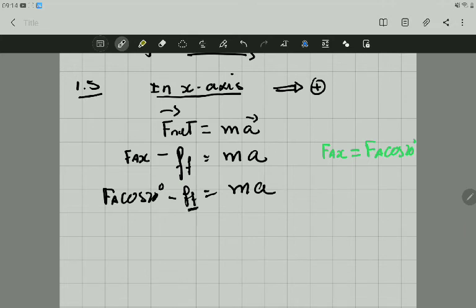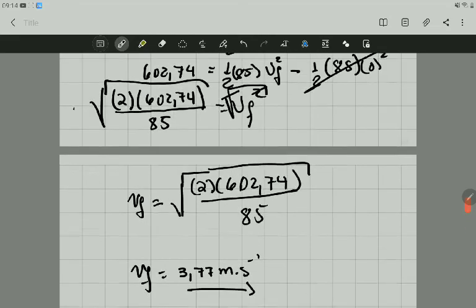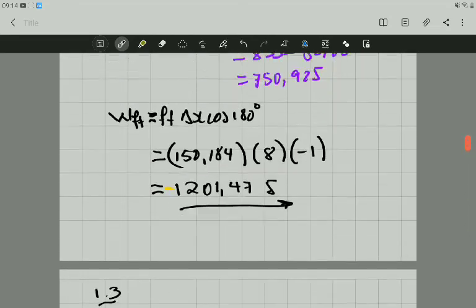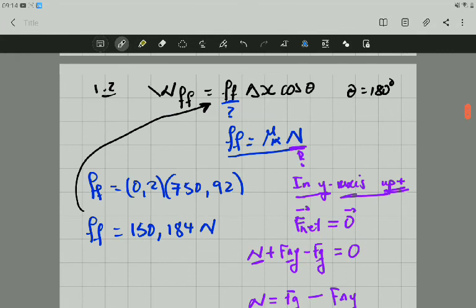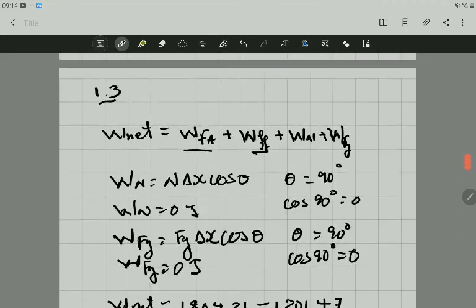Okay, so let's substitute. The applied force is 240 multiplied by the cosine of 20 degrees, minus the frictional force, which was calculated. Let's just see it, so you can notice here in 1.2 where we calculated the frictional force. You can see it right here: 150.184.